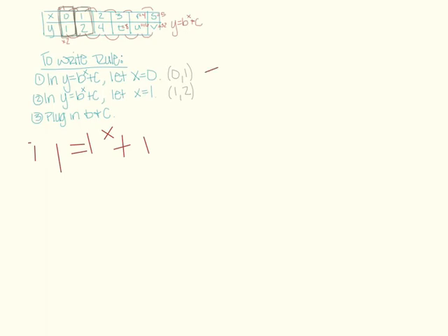And when x is 0, y is 1. So the y value is 1, the x value is 0. So we have 1 equals b to the 0 plus c. Anything to the 0 power is 1. So we have 1 equals 1 plus c. Let's go ahead and get c by itself. We get 0 equals c.